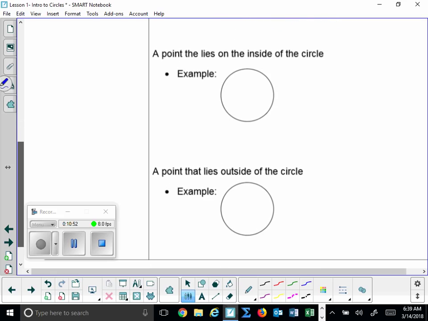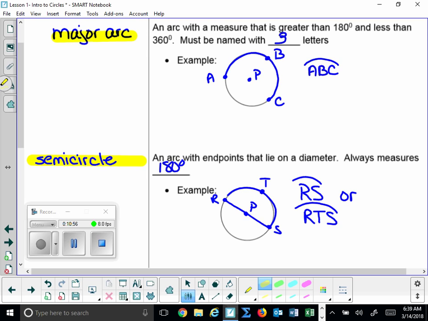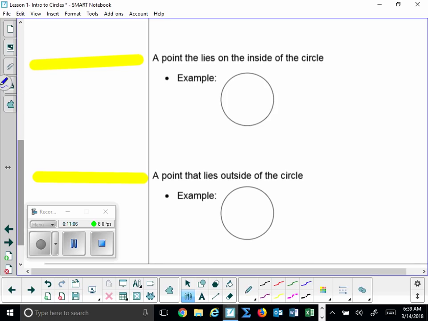Shifting gears here with the vocabulary. A point that lies on the inside of a circle, let's see, point Q, we very cleverly call that an interior point.